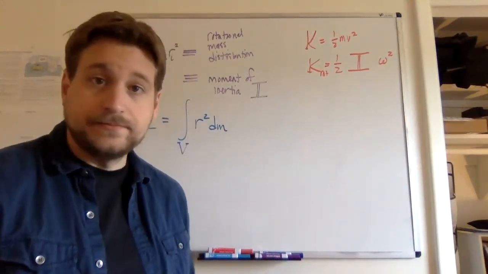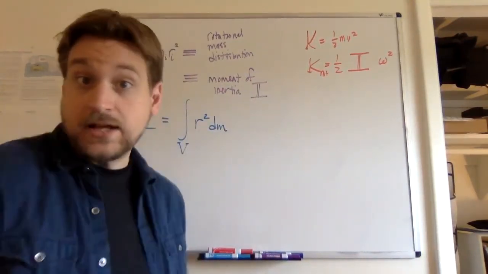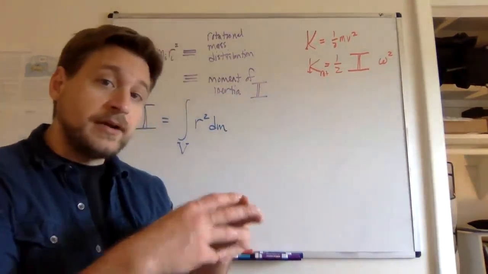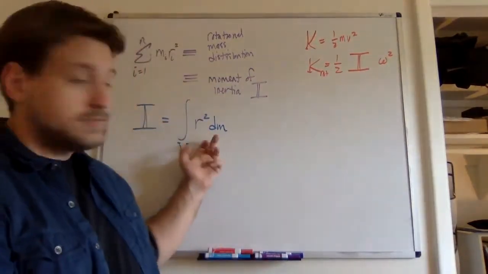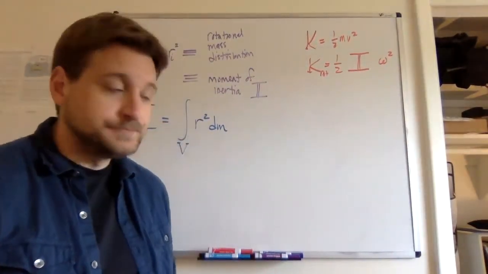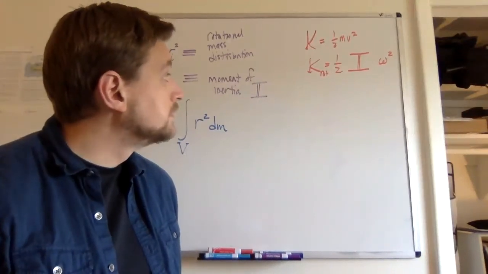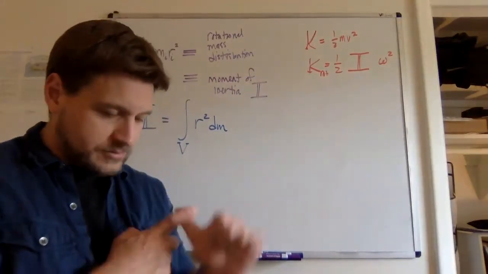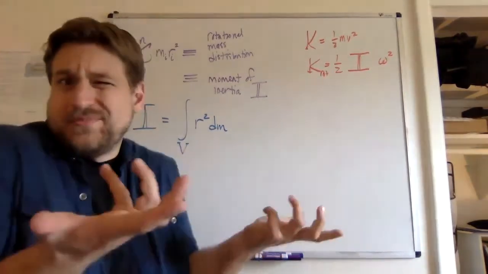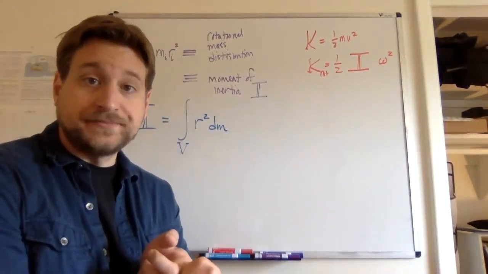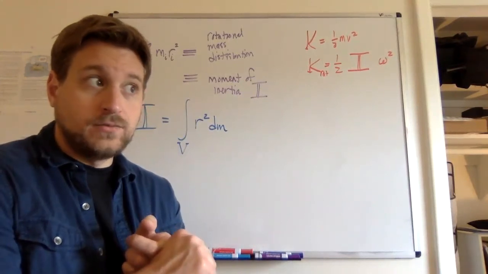If there's some other kind of object, or maybe it's not uniform, maybe the density isn't uniform throughout or something like that, then we'll have to calculate it. But we have developed a rotational mass, an angular mass, and a rotational kinetic energy. We are on a roll.